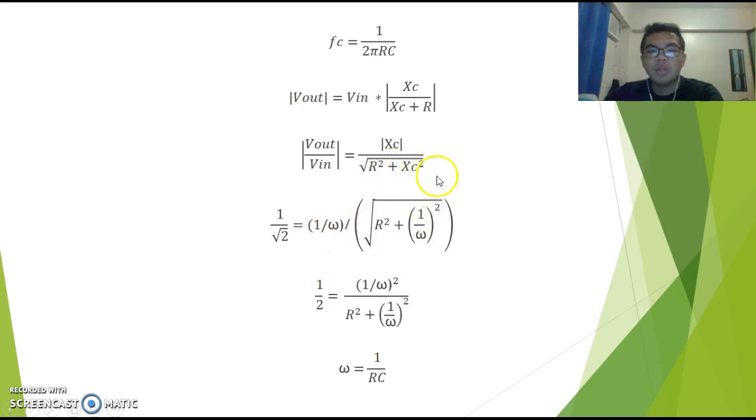Then, by substituting Xc with 1 over omega C and manipulating the formula, we will have 1 over square root of 2 is equal to 1 over omega C divided by the square root of R squared plus 1 over omega C quantity squared. By squaring both sides of the equation, we will have 1 over 2 is equal to 1 over omega C squared over R squared plus 1 over omega C quantity squared. By manipulating the equation, we will end up with omega is equal to 1 over RC.